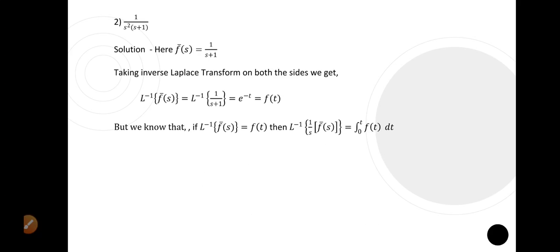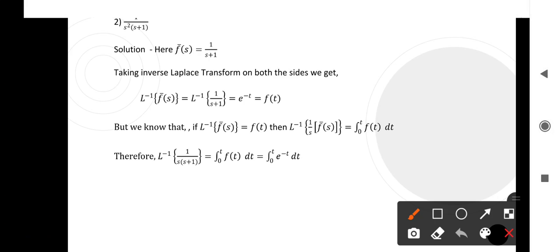Using this, if L inverse f bar of s is equal to f of t, then L inverse 1 upon s f bar of s is equal to integration 0 to t f of t dt. We can write L inverse 1 upon s into s plus 1. Remember, here we have taken only 1 upon s and not 1 upon s square. We are going to take 1 upon s as a multiplier 1 by 1. So here we have to integrate this f of t, which is e raised to minus t.